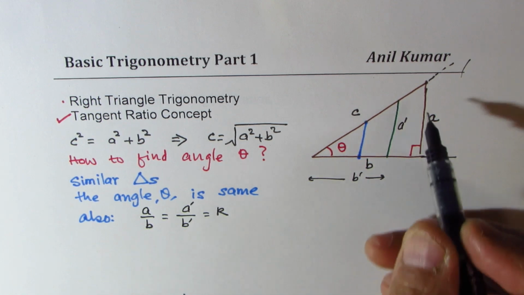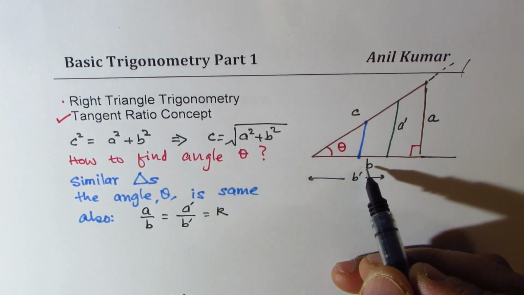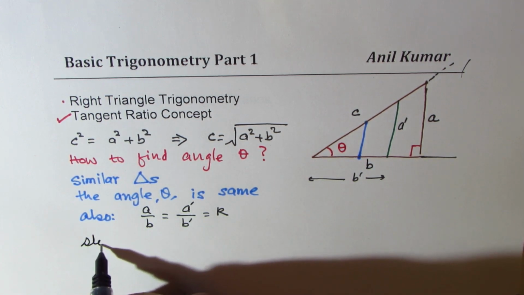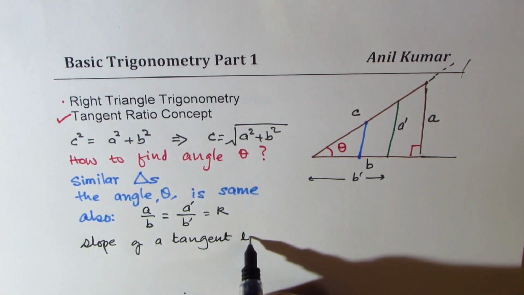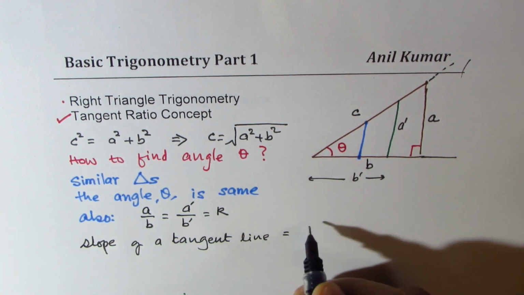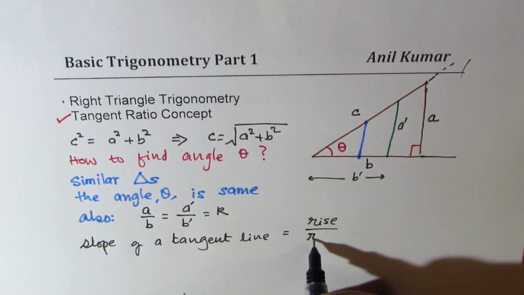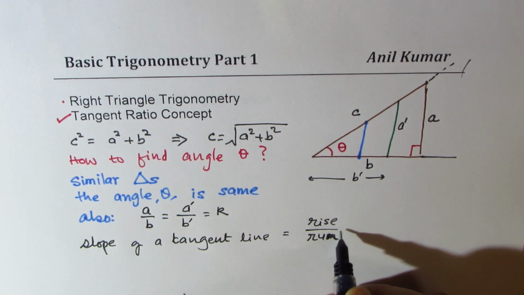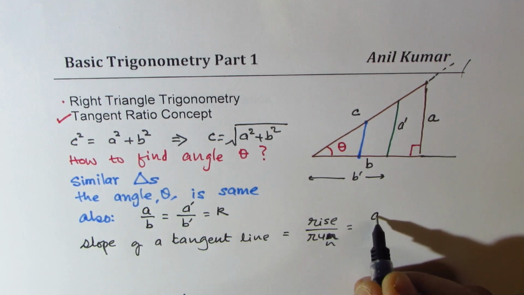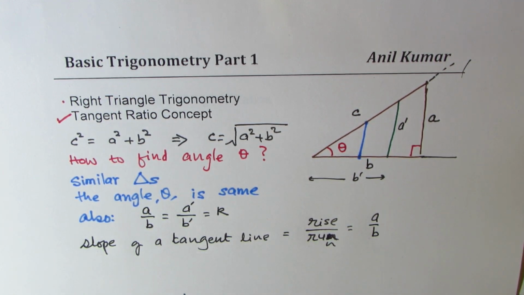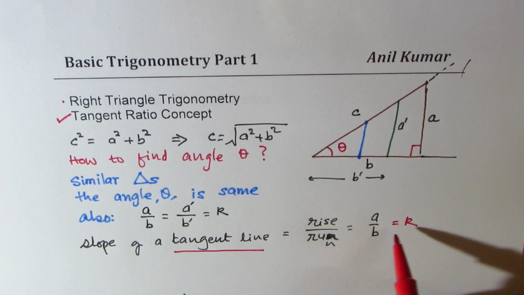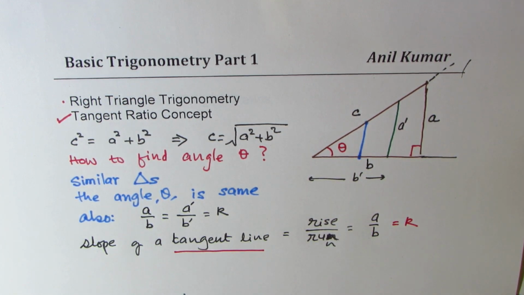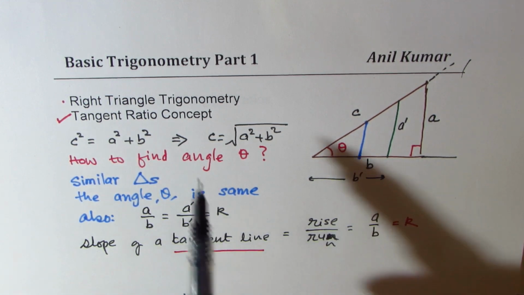Perfect. Now, if you relate A over B with kind of slope of a tangent line, that is rise over run, so rise over run is A over B. So that gives you some clue that since the angle is constant, which is related to the slope, normally we refer to it as m, we have come up with a new mathematics area which is called trigonometry.